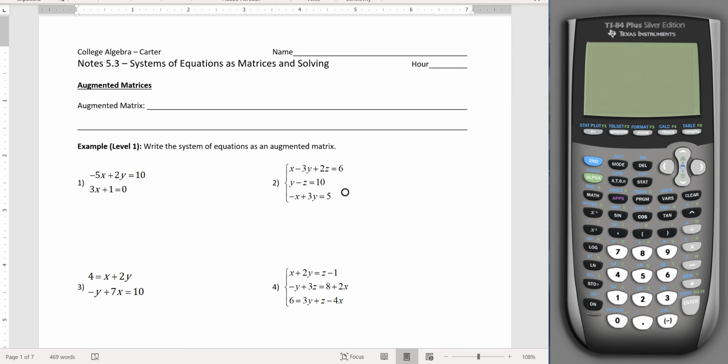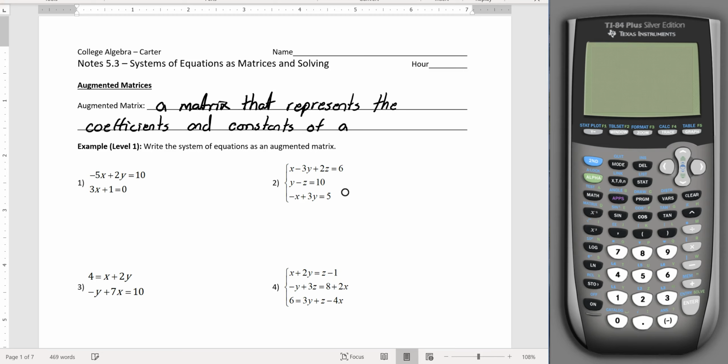An augmented matrix is a matrix that represents the coefficients and constants of a system of equations.